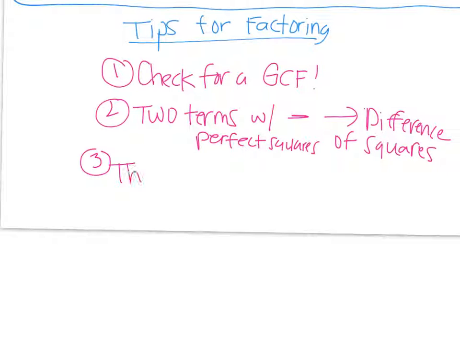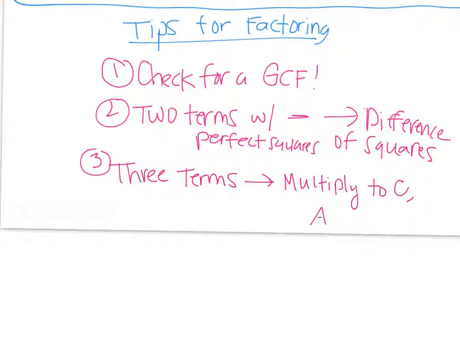If there are 3 terms, we're looking for what multiplies to C and adds to B, like x squared plus 6x plus 8.